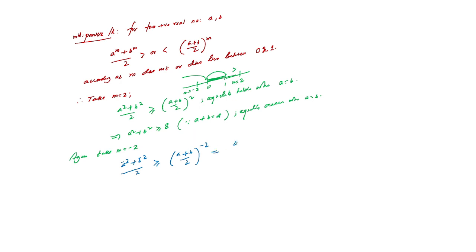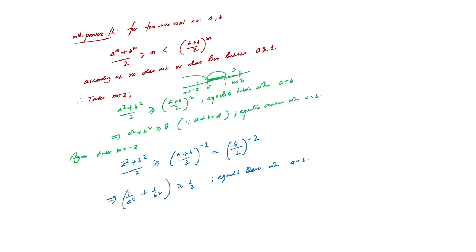We just put the value of a plus b: this is (4 by 2) whole to the power minus 2. So that means 1 by a square plus 1 by b square is greater than or equal to half, and equality occurs when a equals b.